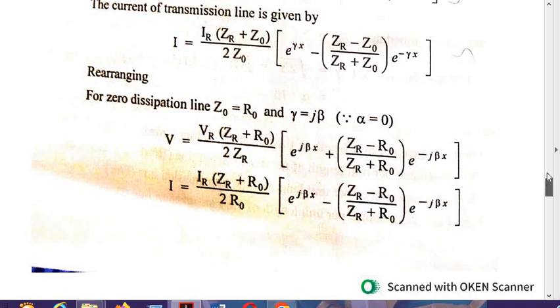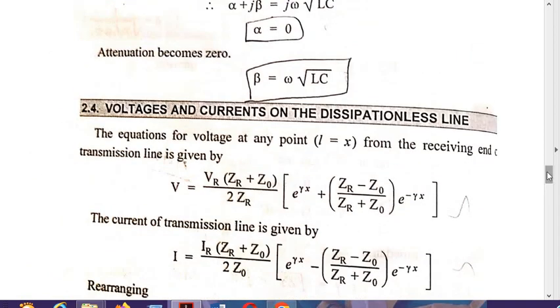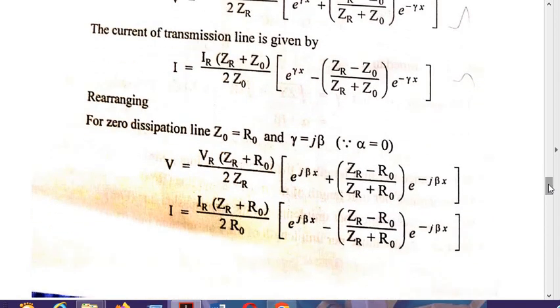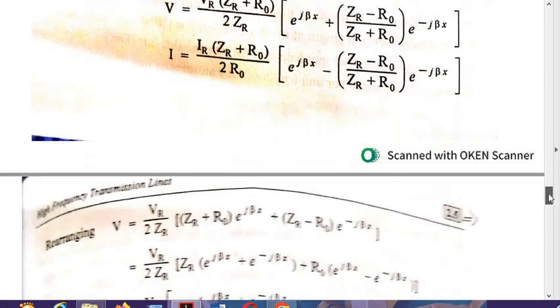Similarly, for the I value we have already derived I is equal to IR into (ZR plus Z naught) by 2 Z naught into e power gamma x, minus (ZR minus Z naught) by (ZR plus Z naught) into e power minus gamma x. We substitute gamma as j beta, and we can get the I value here.